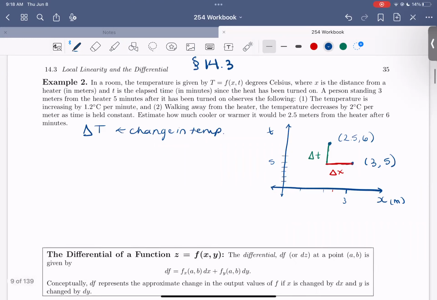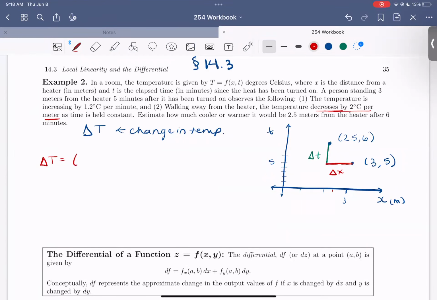So first, we can consider the change of temperature by moving closer to the heater. Well, we were given that the temperature is increasing by 1.2 degrees per minute, but also walking away from the heater, the temperature decreases by 2 degrees per meter.